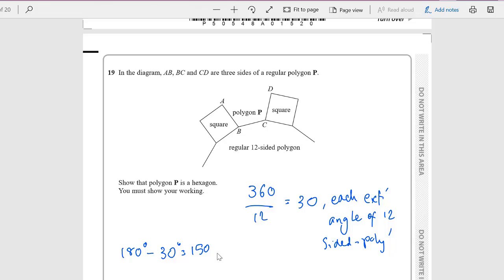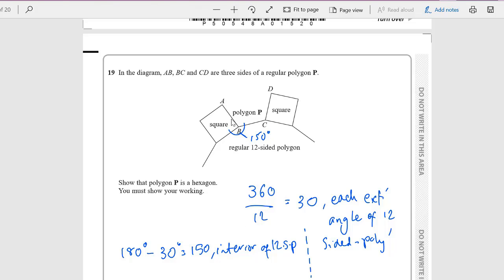So that's the interior angle of the 12-sided polygon. So I know that this is 150.